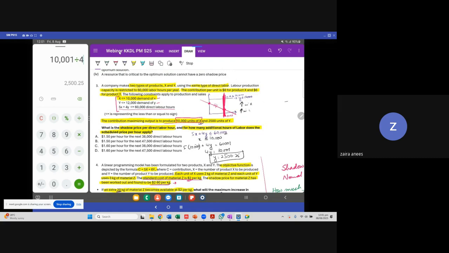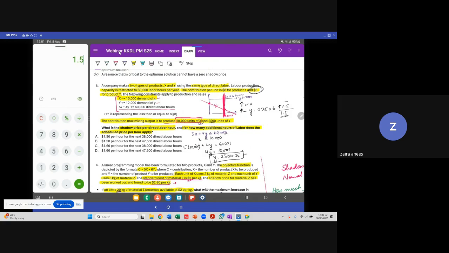Increase in Y is 0.25 because initially we were manufacturing 2,500. Now we are manufacturing 2,500.25. So 0.25 into what is the contribution of Y? 6. 1.5, right?